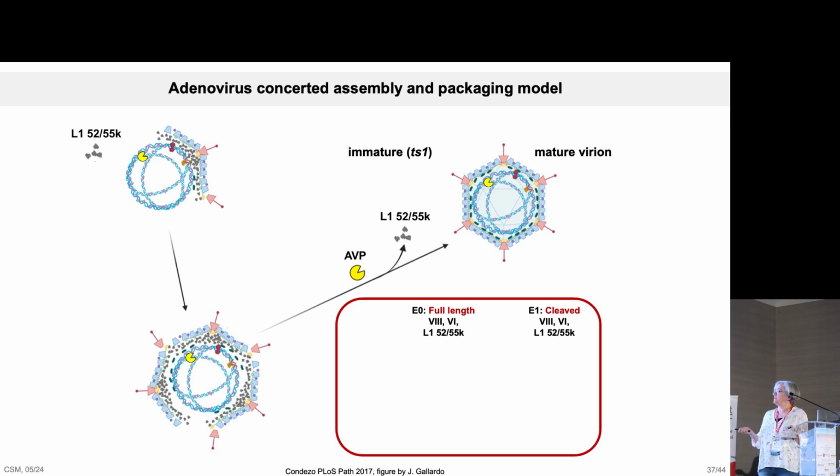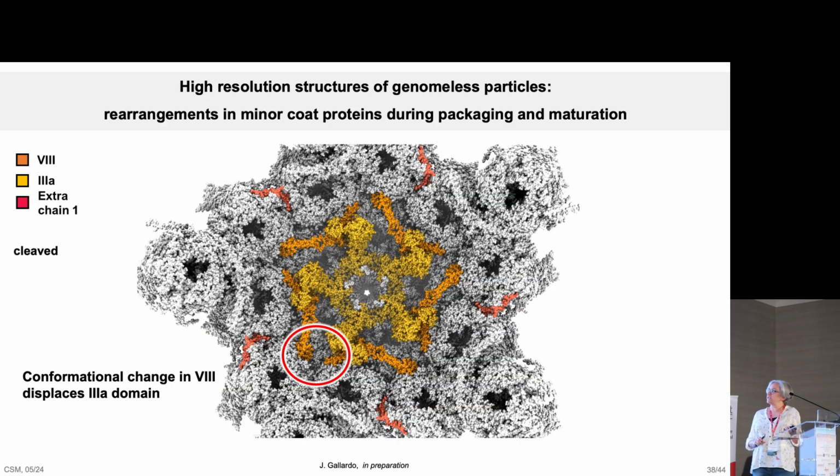And we've been looking at the structures of these genome-less particles, and I will just show you what happens at the vertex region. We have proteins 8 and 3A in the cleaved state, and now you can see how the vertex changes. One of the changes that we see is that when protein 8 matures, it is kind of contracted and it stretches out and pushes this yellow domain here from protein 3A from its location.